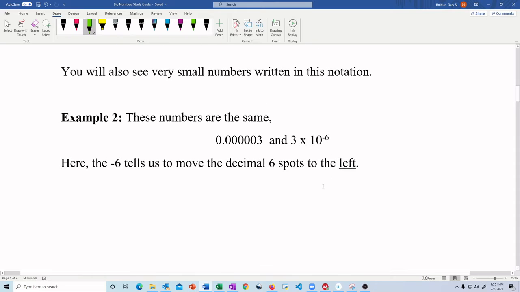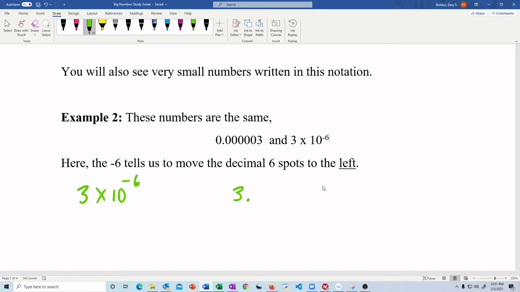So watch. Let's start with the 3 times 10 to the negative 6. How does this work? Start with 3. Here's your decimal place. I know it's not there, but remember, with a whole number like this, the decimal place is just sitting there to the right.